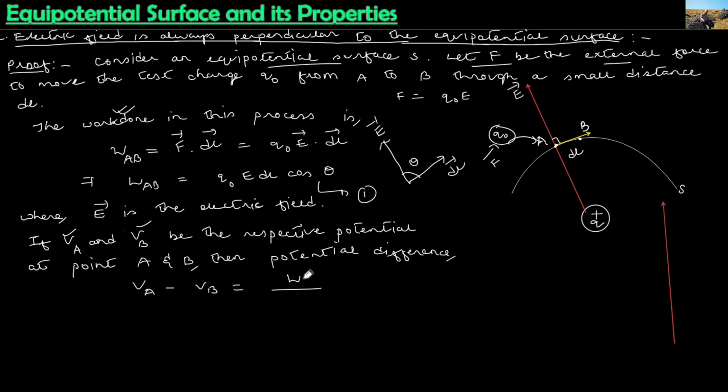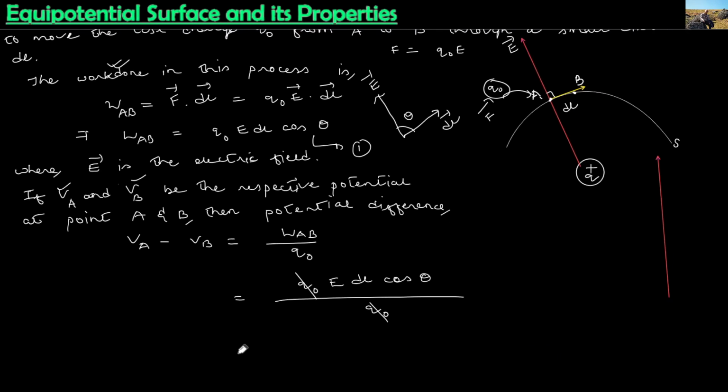It is work done per unit charge. Using equation 1, WAB will be Q0 E dl cos of theta. So Q0 and Q0 will get cancelled, and we get E dl cos of theta.